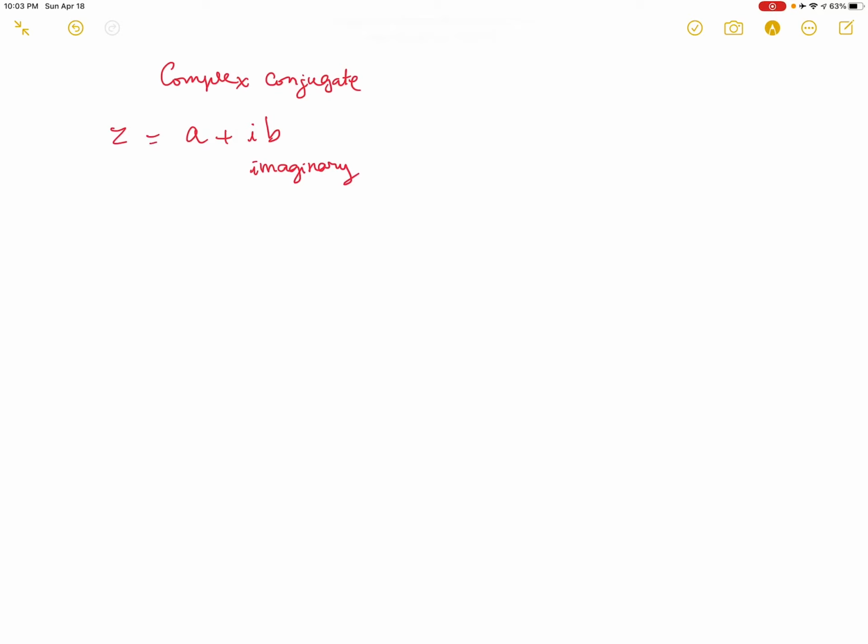So a complex number can be written in the form of a plus ib. A is a real number. B is also a real number. But written as such, ib is an imaginary number.